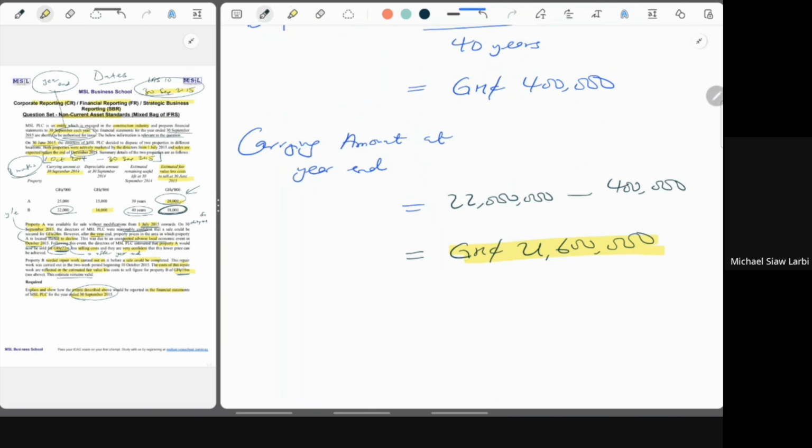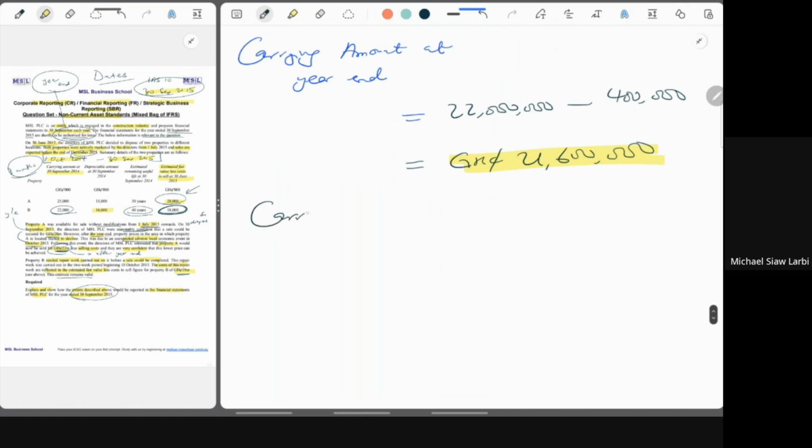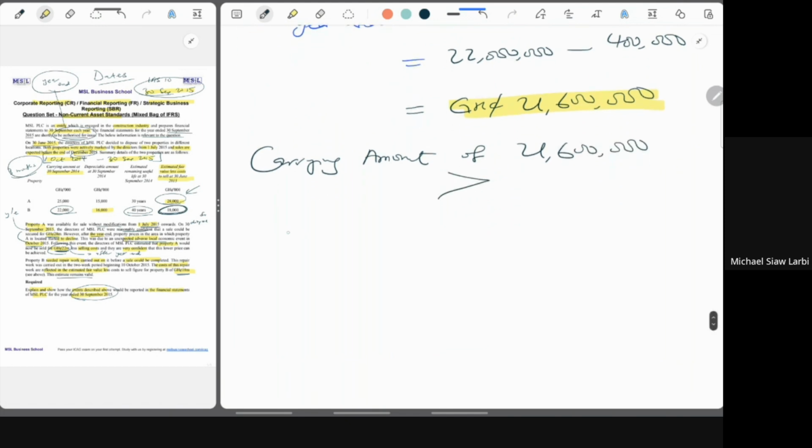So we can say that the carrying amount of 21.6 million is greater than the fair value less costs to sell of 18 million. We do not have a value in use here to compare it to. But we can say this is evidence of impairment, especially as the property is to be sold.